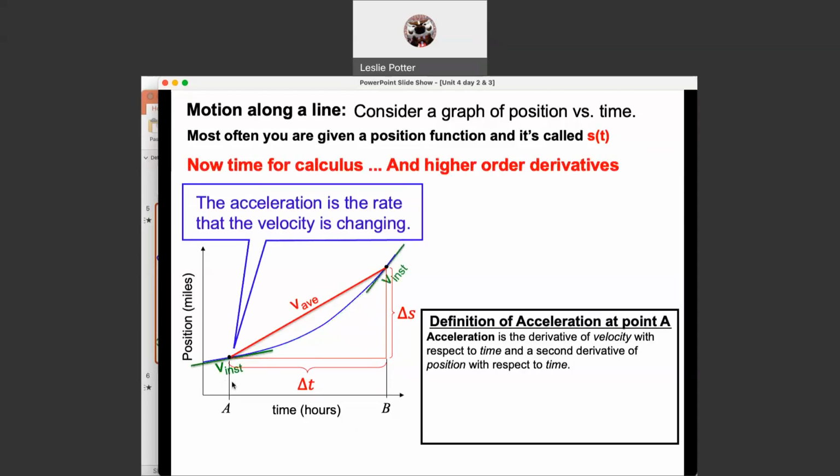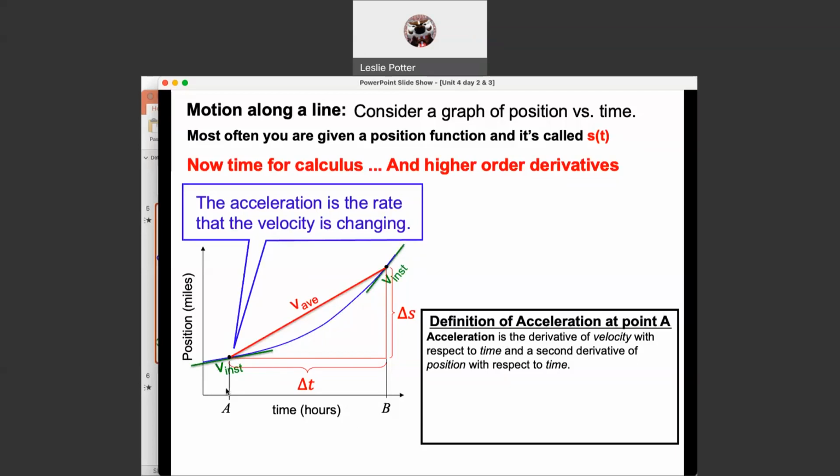So if you notice, let me replay that animation. We start with an instantaneous velocity at point A here, but as we go along this function, the tangent line gets more vertical. So we know that this is pretty flat at the beginning, it's pretty vertical at the end. So our rate of change in velocity is increasing.